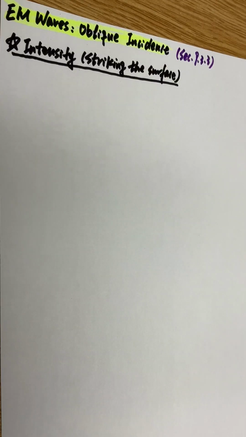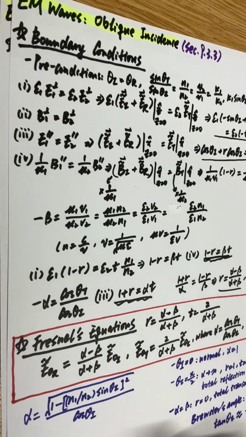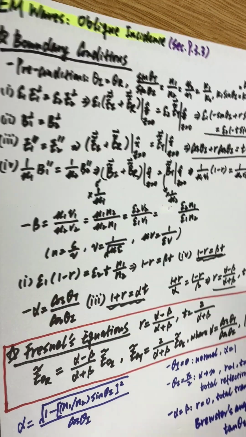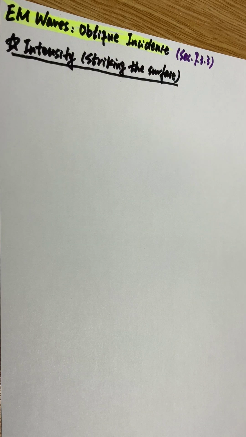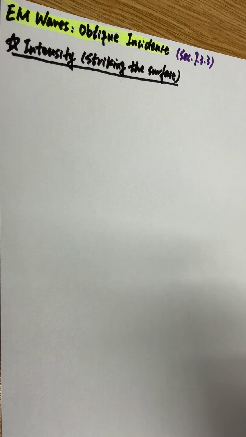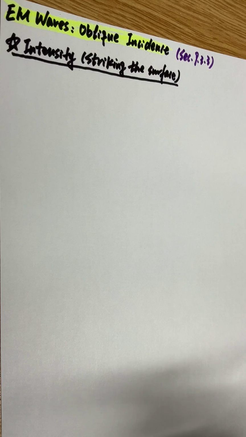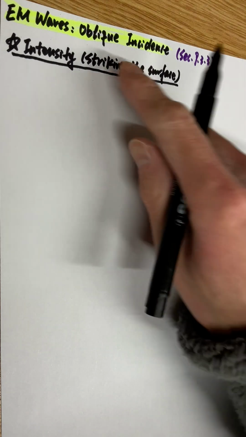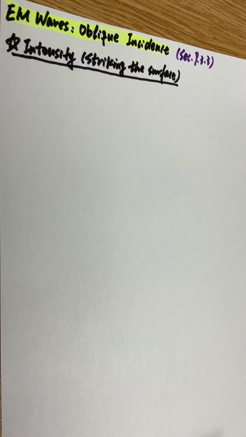Now in order to prove that we calculated the right r and t, we need to prove that there is conservation of energy. So we need to calculate the intensity of all the waves. For oblique incidence, we only calculate the power that strikes the surface.